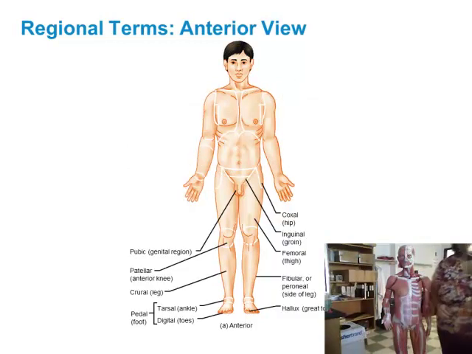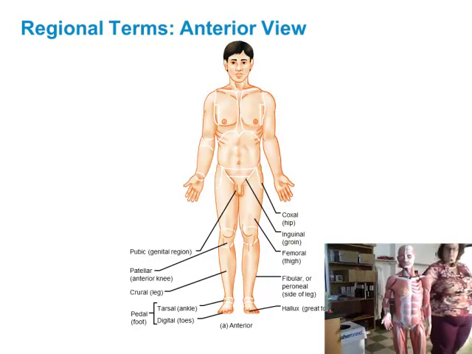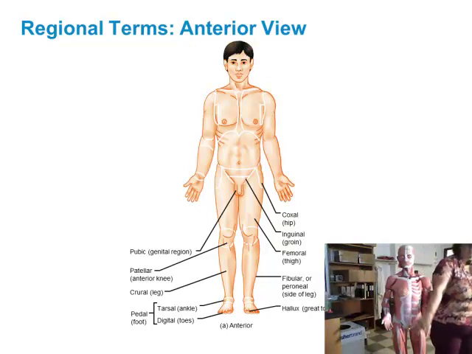Now working into the lower region, anterior view, the region of the hip is the coxal region. The region where you have the external genitalia, that is the pubic region. The area of the groin is where the thigh meets the torso. That is the inguinal region. The region of the thigh is the femoral region.